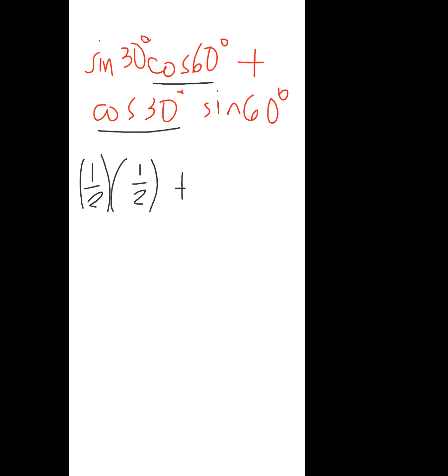Check ninyo yung cosine 30 degrees sa table, page 280. Ano yung value? Square root of 3 over 2 po. Aaron, ano yung sine 60 degrees? Tignan ko nga kung naiintindihan ni Aaron. Tignan mo yung katapat niyang column at row kung saan nag-meet.